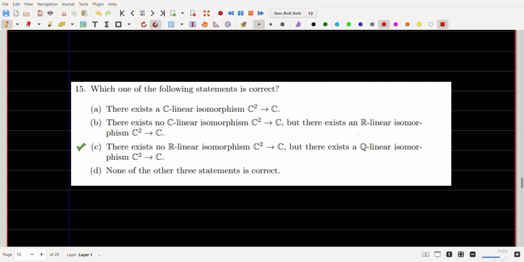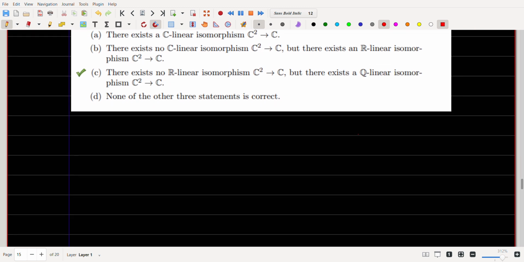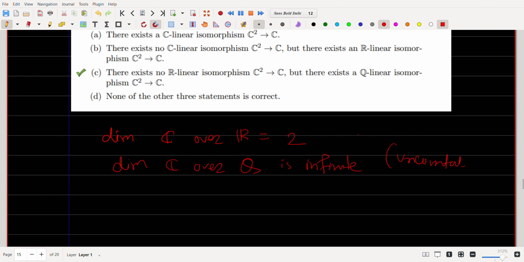Move to question number 15. This is actually a very nice problem. Okay, so first observe that the dimension of C over R is 2. The dimension of C over Q is infinite, which is uncountable, right?